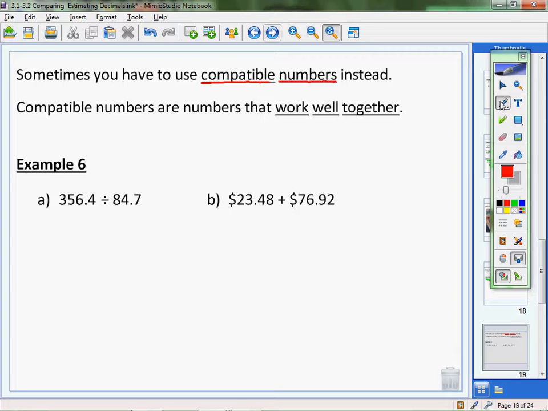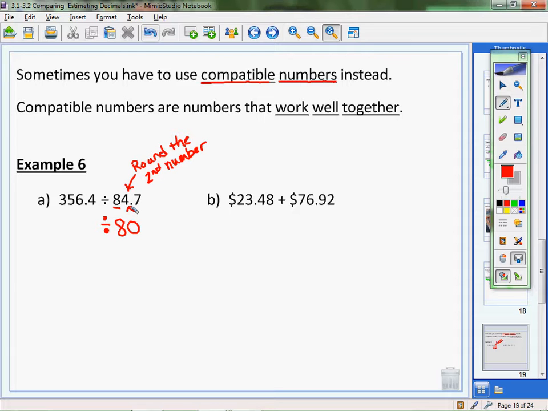When you have a division problem, I recommend, for the most part, that you round the second number first. So if we round this one to the highest place, we're going to say that it's 80, because the tens are the highest place, and the next digit is a 4.